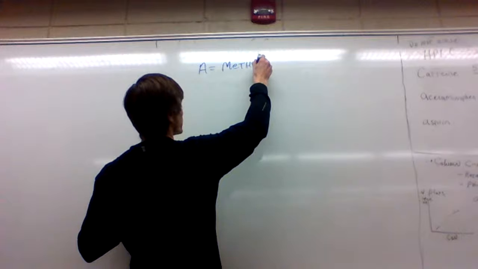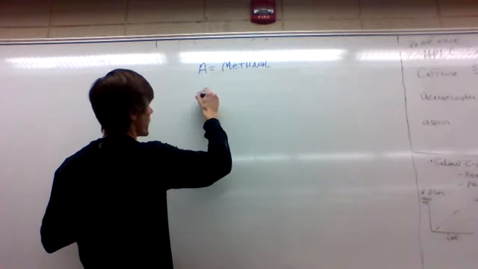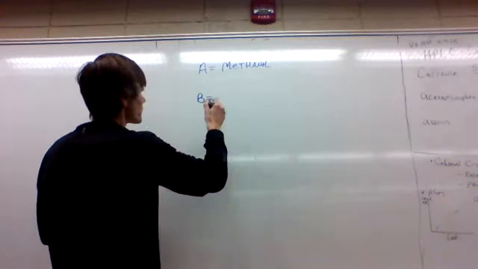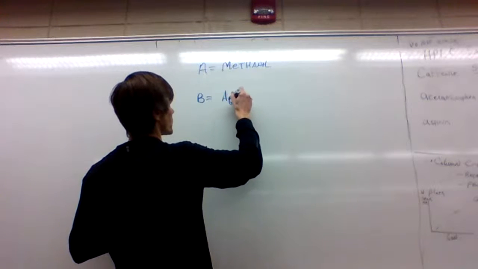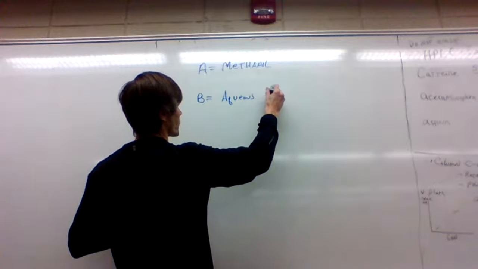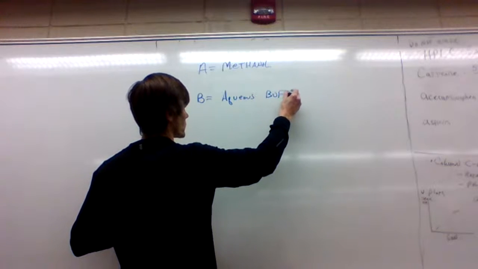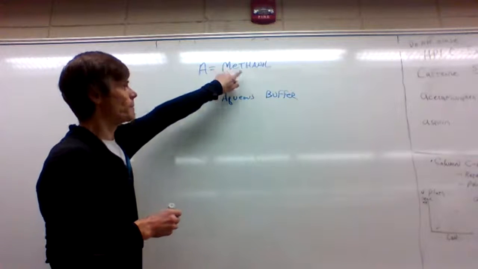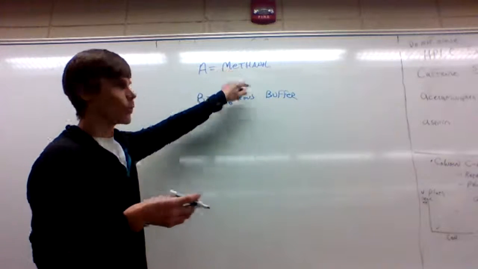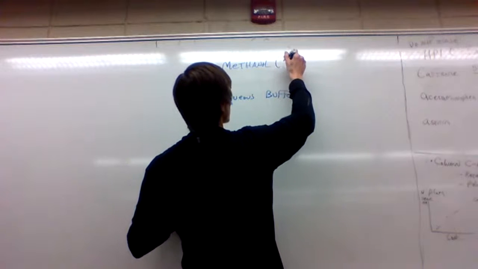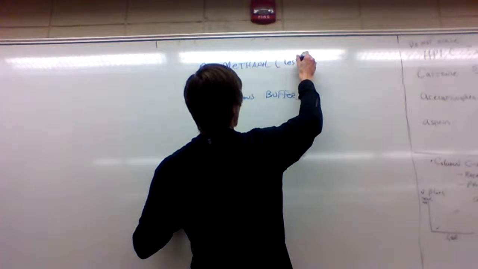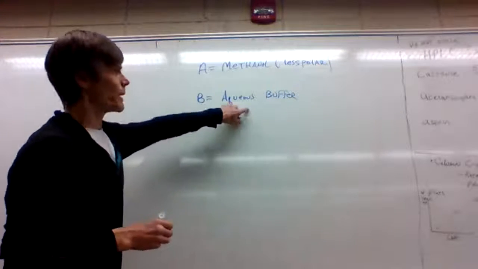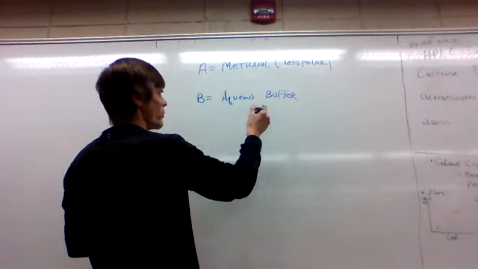We'll just call that A. And another was an aqueous phase buffer. The methanol is an organic solvent. Methanol is going to be less polar. So we'll say it's less polar. Aqueous buffer is composed of water. It's more polar.